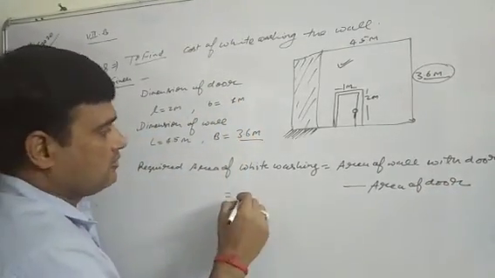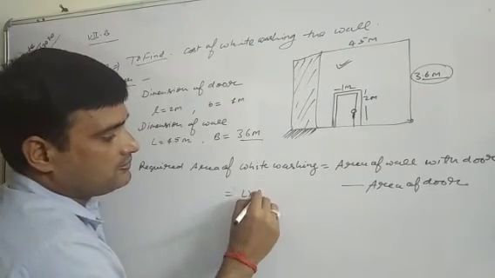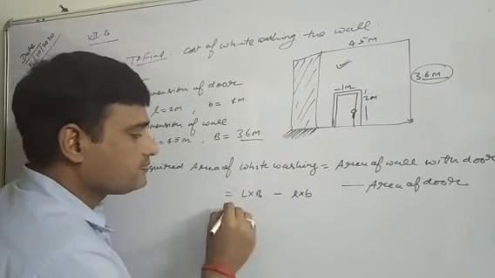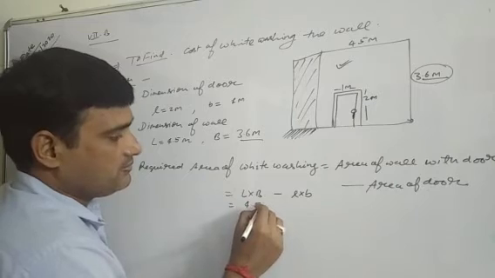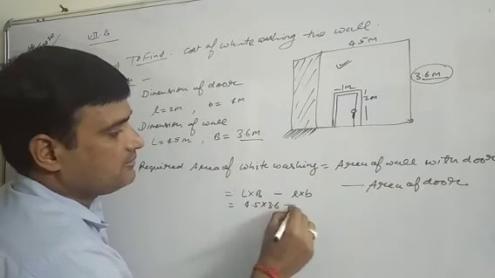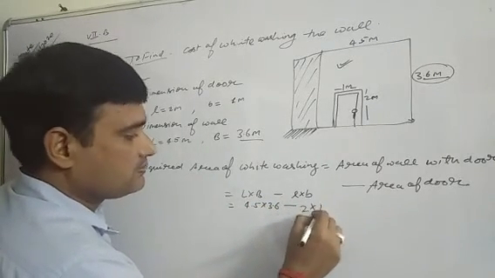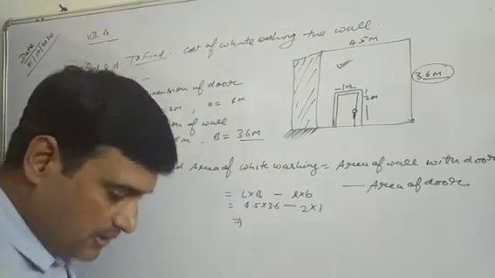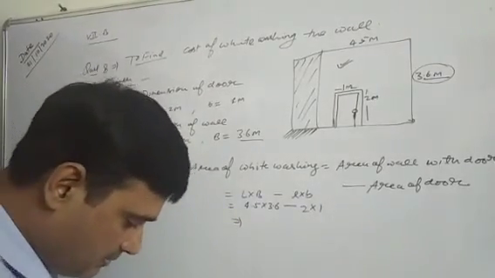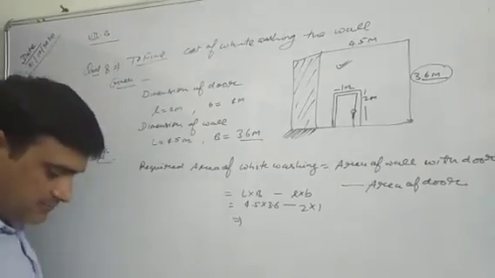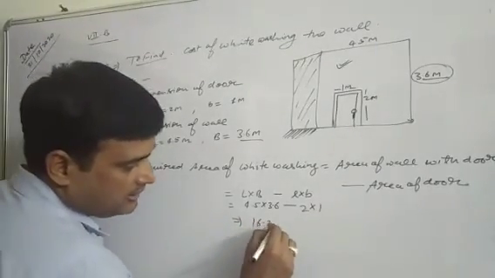Now L into B minus L into B, 4.5 into 3.6, minus 2 into 1. When we multiply it, we get 16.20.